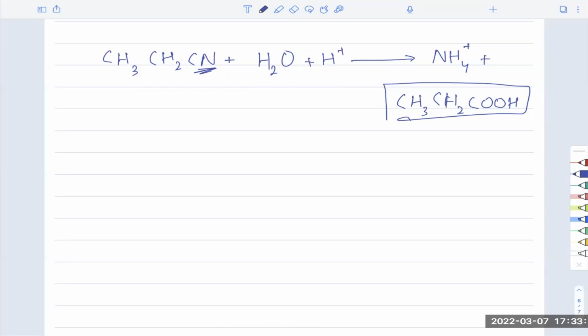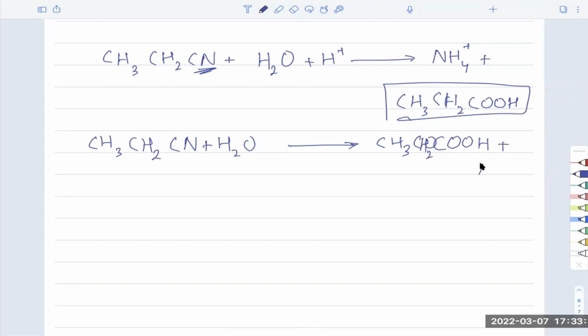Now, in case you don't have H positive available, water can still play a part. If you add the nitrile to water, it converts it to CH3CH2COOH, and depending on what you have, it's also forming ammonia.